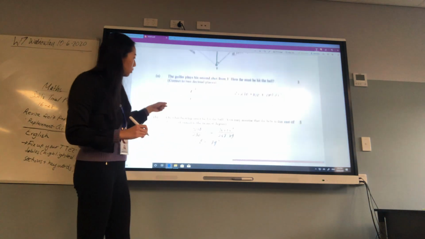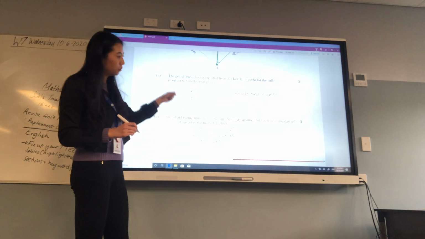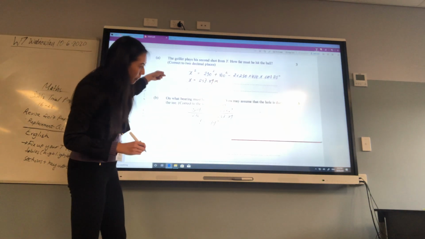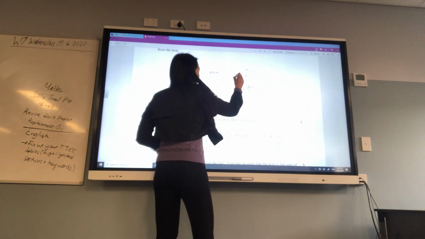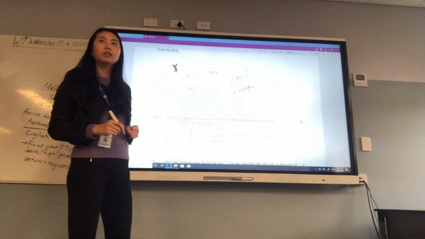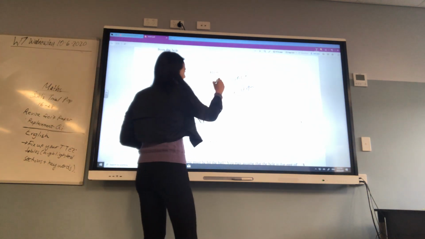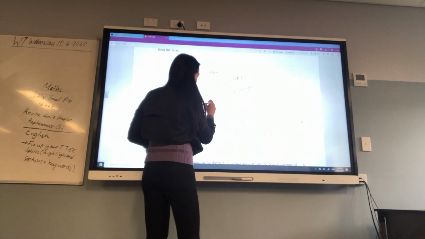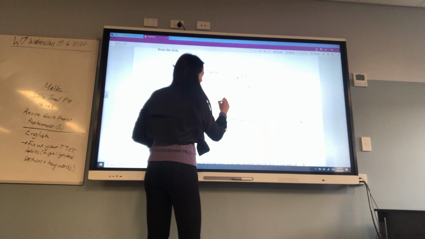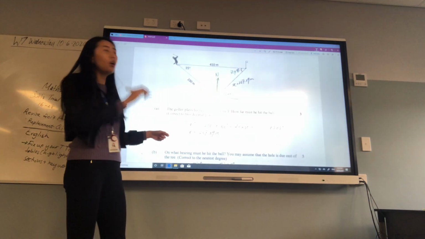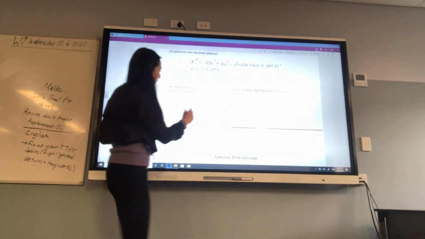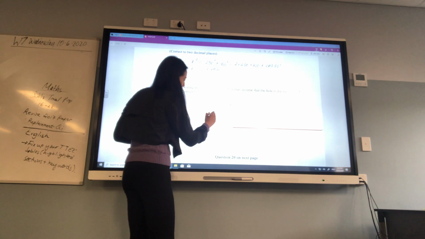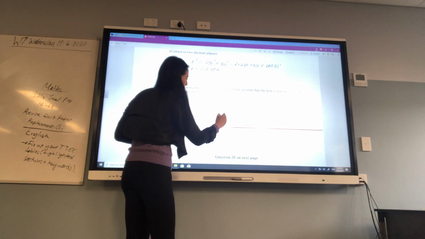So theta is equal to 79 degrees. That's from sine rule. But how's that helpful to me? If I know this is the true north, co-interior, you have alternate angles. This is 79, right? And the whole thing is 90 degrees. So you do 90 degrees minus 79. This will give you 11. This is the bearing.